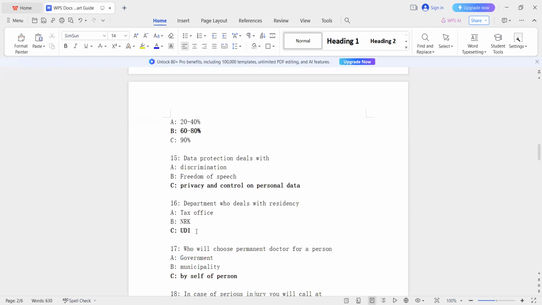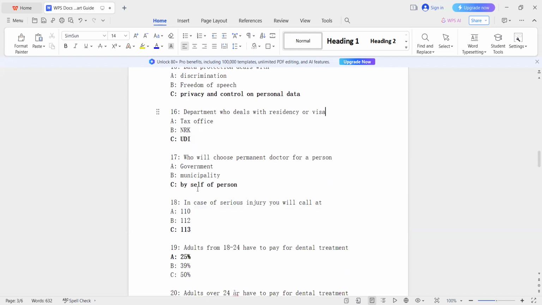The department that deals with residency, which means your visa, is UDI. Anarcho is just a government channel.